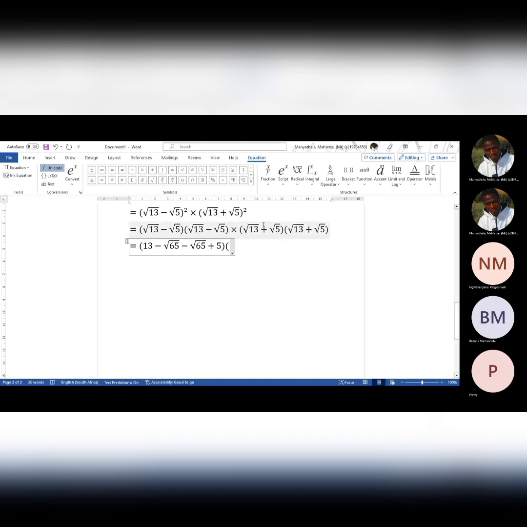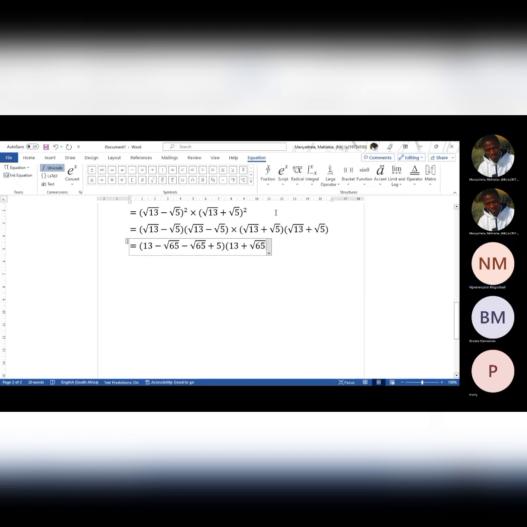Now we refocus more bracketing, the second bracket. Square root of 13 times square root of 13. It's 13. Then in square root of 13 times square root of 5. Square root of 65.